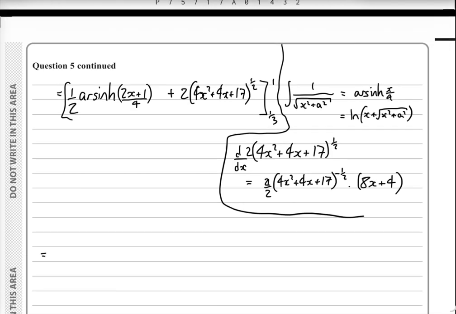Now we need to put the limits in, trying to be a little bit more careful than I was just there. arsinh, when x is 1, that gives me 3 over 4, plus 2 times the square root of 4 plus 4, 8, 17 is 25. Oh, 25, that's nice because that's going to be a square root.